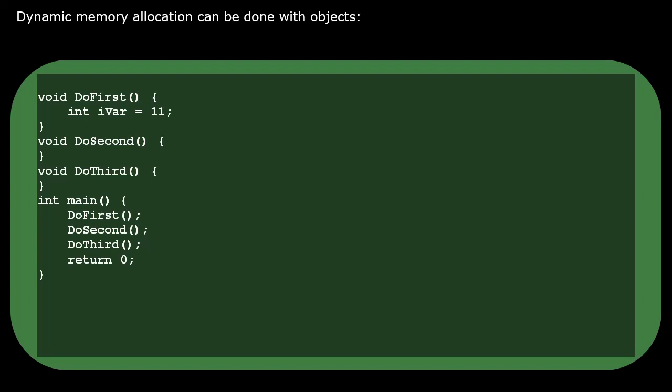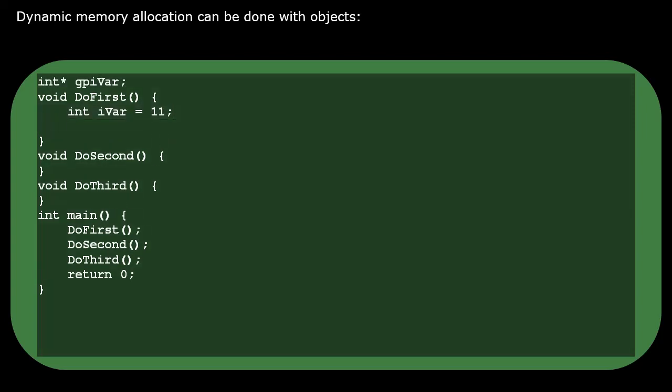For a variable like this ivar, its memory is created from within a portion of the computer architecture called the stack, and this memory gets discarded when the variable goes out of scope. In this case, that happens when the doFirst function is finished. Instead, you could dynamically create memory from a pool of memory that won't go away at the end of the scope of doFirst.